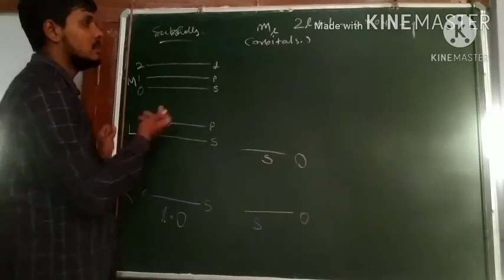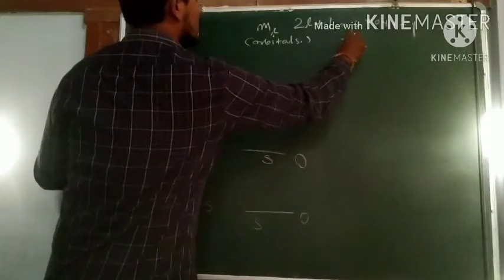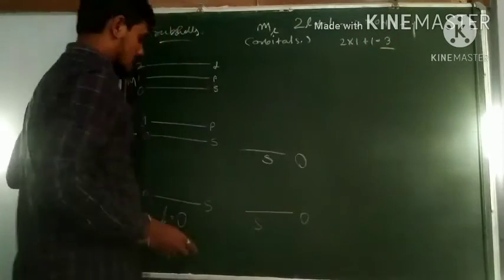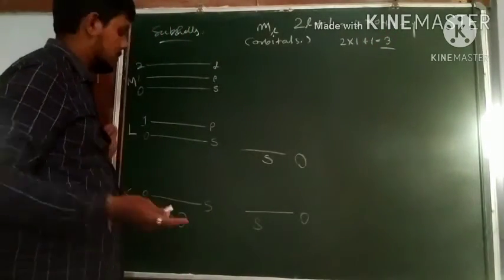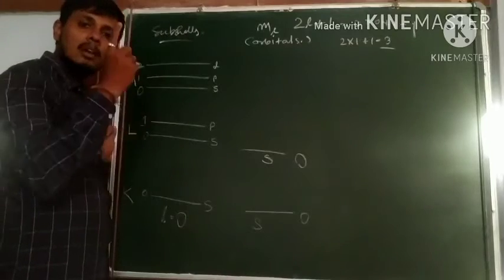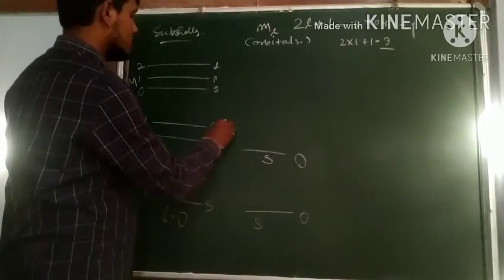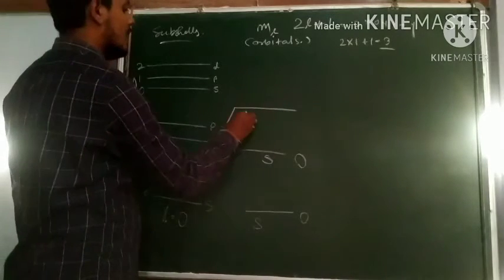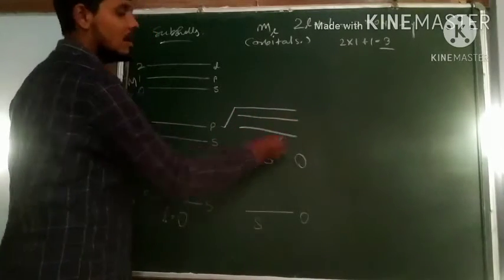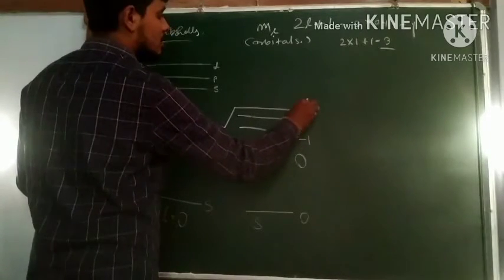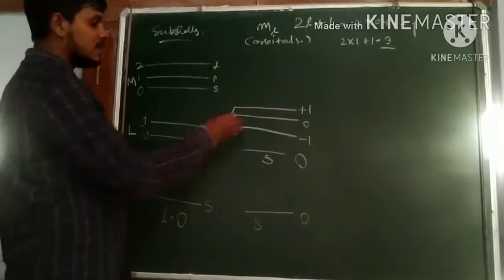if small l is 1, that means 2l plus 1, which is 2 into 1 plus 1 equals 3, so I will get three values of ml: -1, 0 and +1. These are the p orbitals.